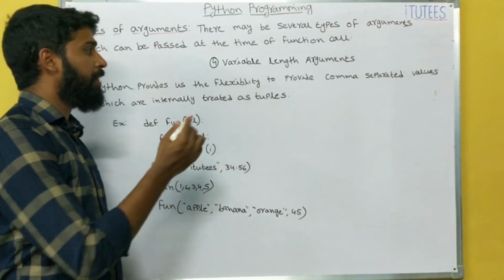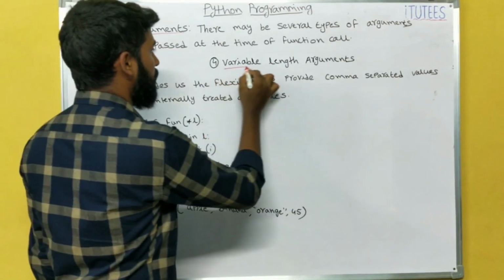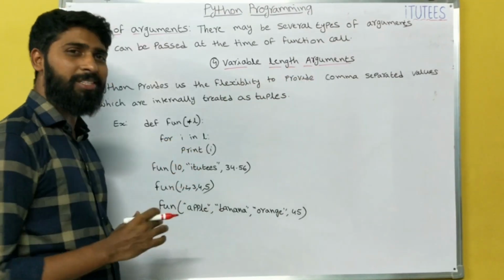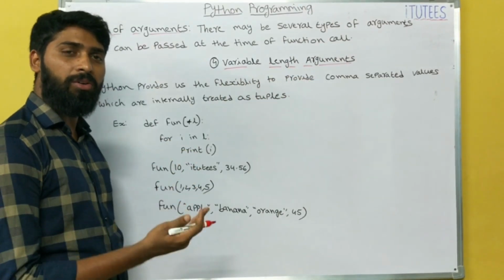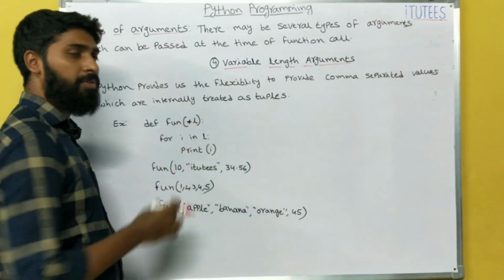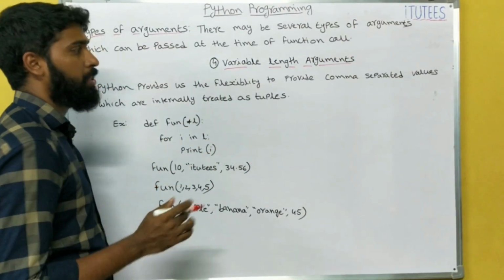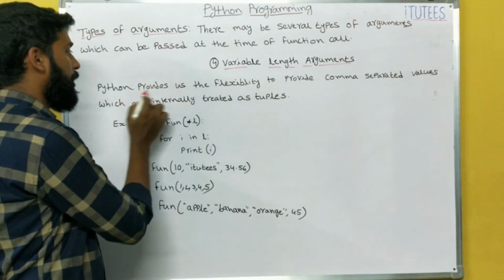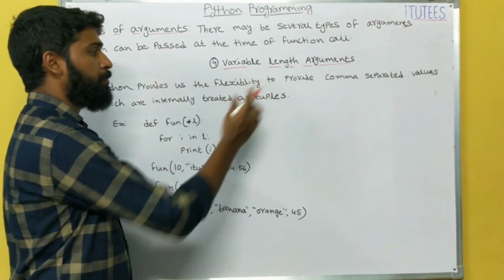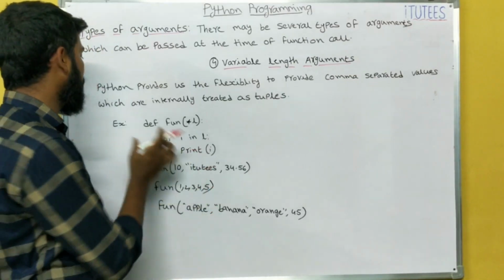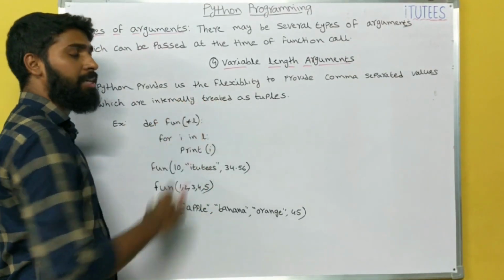Now we can see variable length arguments. In some situations we don't know the number of arguments we are passing to the function. See this example. What do variable length arguments mean? Python provides us the flexibility to provide comma separated values which are internally treated as tuples.